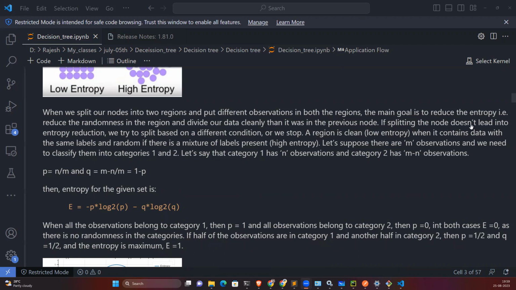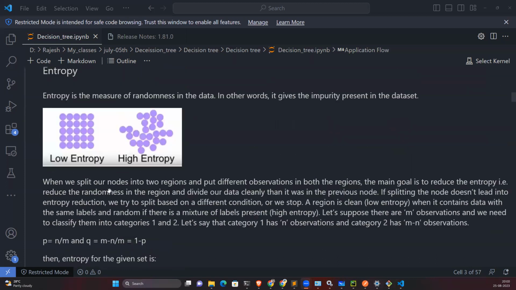And if splitting the node doesn't lead to the same label, and there is a mixture of labels, that is high entropy. Let's suppose there are m observations and we need to classify them into category 1 or 2. Let's say category 1 has n observations, and category 2 will have m minus n observations.